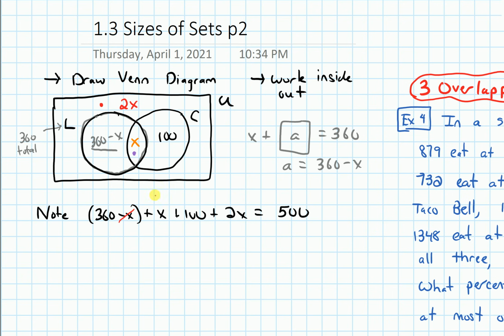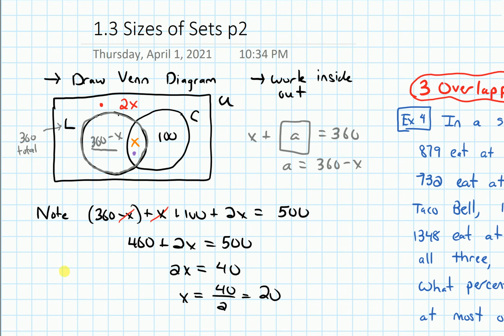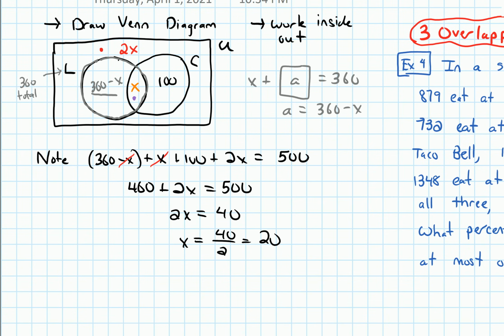So I know the minus x cancels with that plus x, so I end up with 460 plus 2x equals 500. And if I subtract 460, we get 2x equals 40. And then dividing by 2, we get x equals 40 divided by 2, which is 20. And that's what the question was looking for. Let's just write a phrase for that.